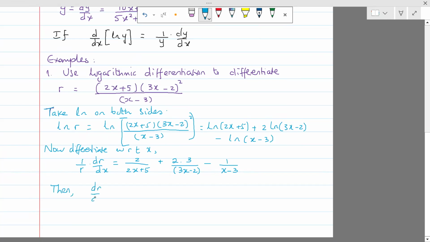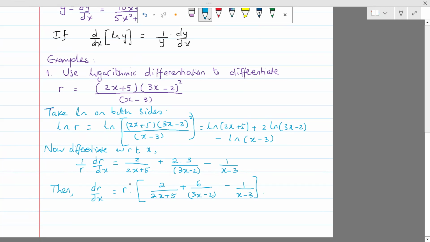Then dr by dx becomes, you take this r and bring it to the other side: r times 2 over 2x plus 5, plus 2 times 3 is 6 over 3x minus 2, minus 1 over x minus 3.